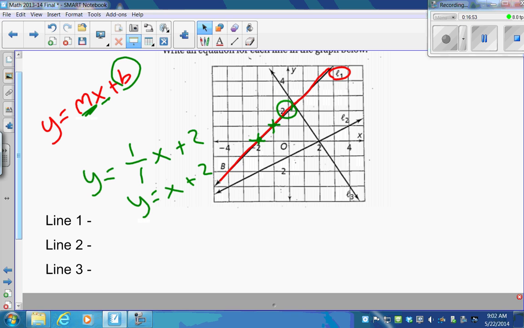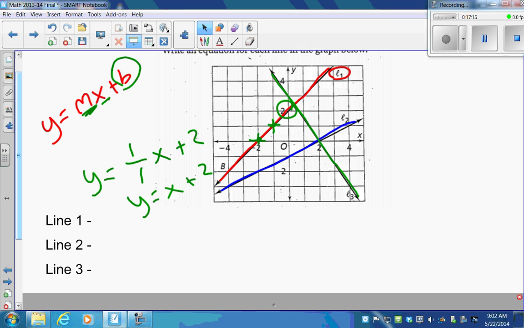I want you to pause your recording now and please do lines 2 right there and line 3 right there. Please write that equation. Go. So line 2 is right here.